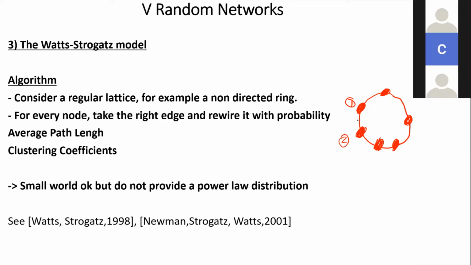I consider this edge, and with a probability p, I will rewire. Why can I not? Sorry.